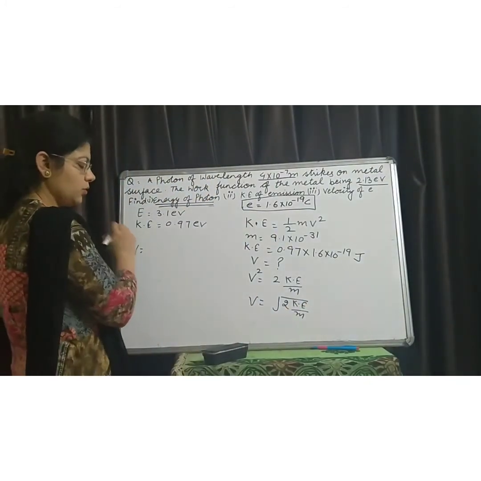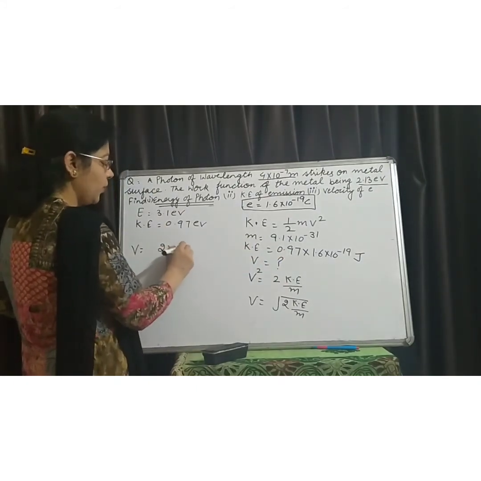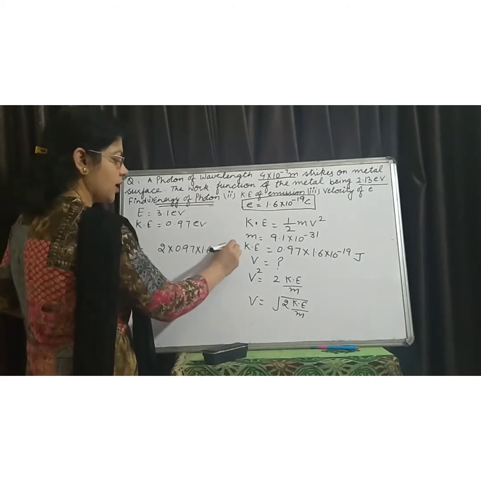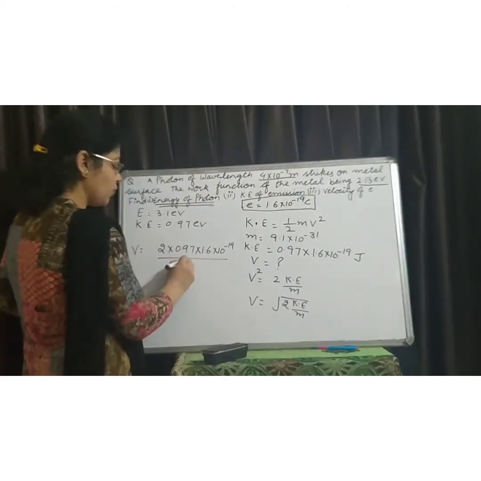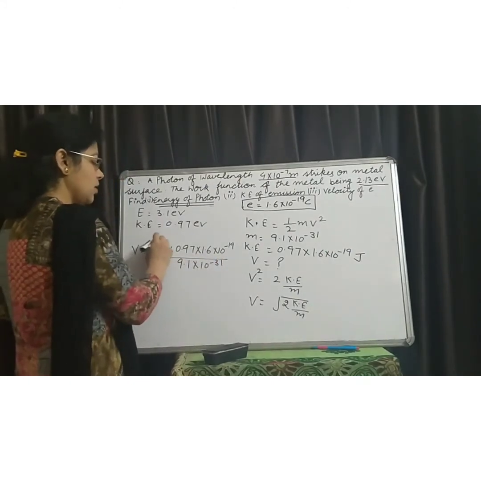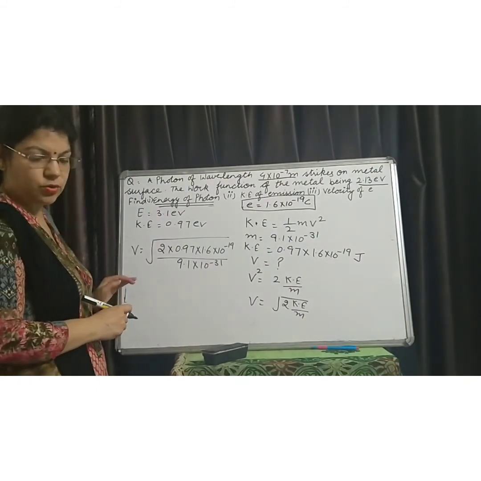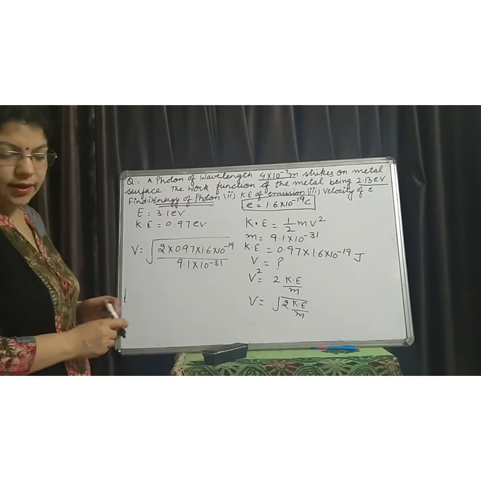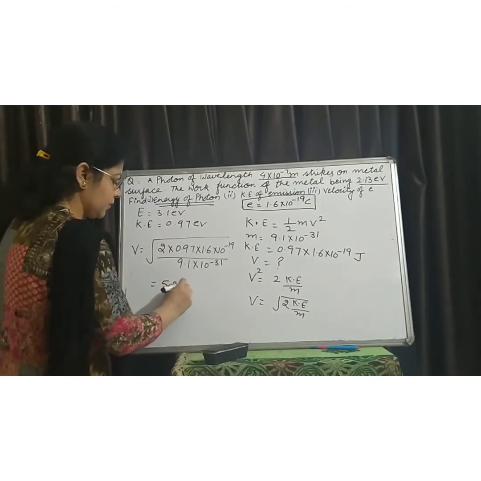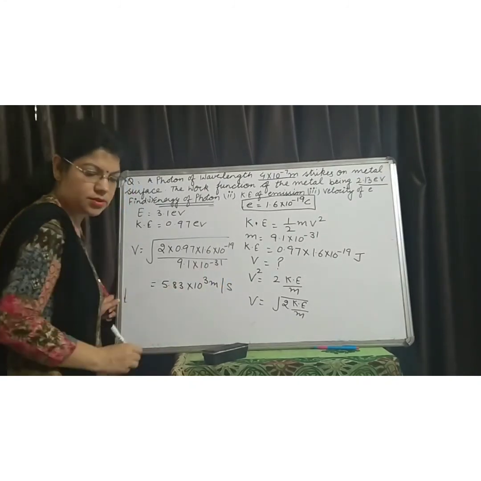That is, v is the square root of 2 × 0.97 × 1.6 × 10^-19 upon the mass of the electron, that is 9.1 × 10^-31. When you solve this, you find the value of the velocity of the electron, and it is 5.83 × 10^5 meter per second.